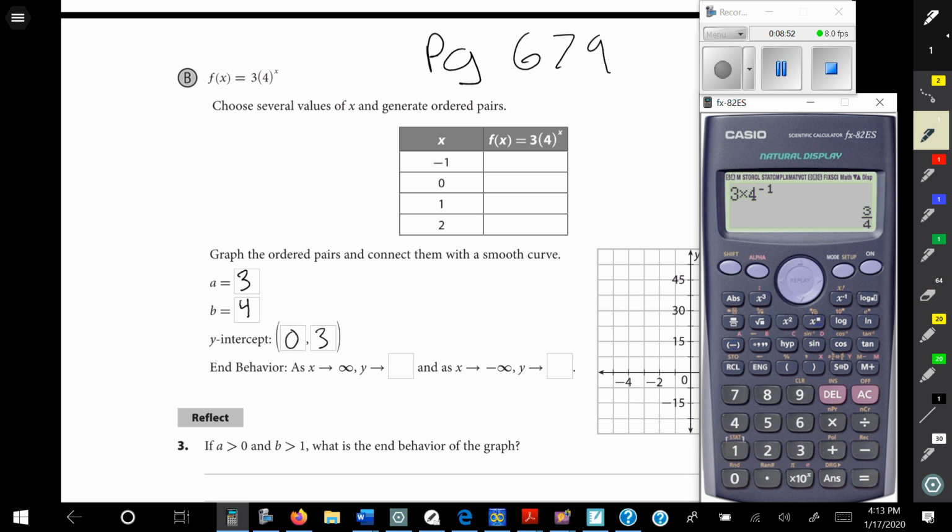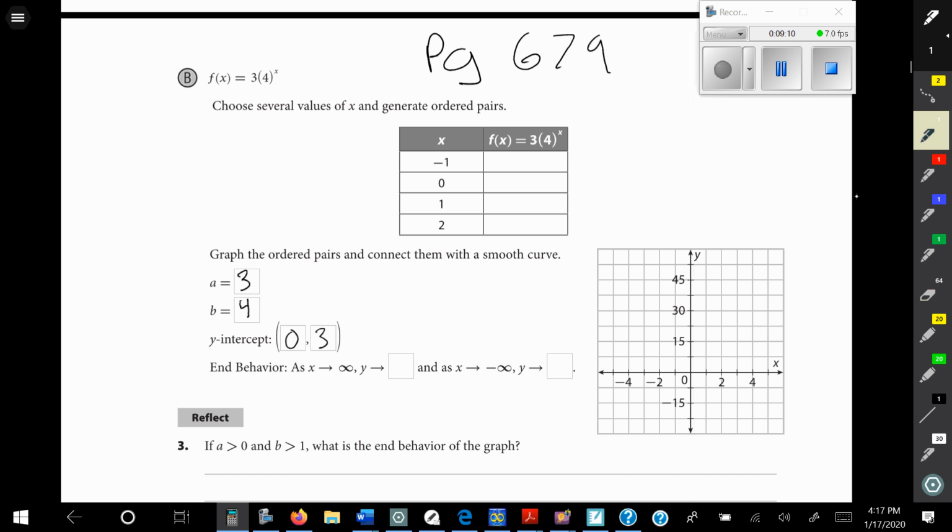Okay, so you get 3 over 4. I'm going to put it as a decimal, 0.75.